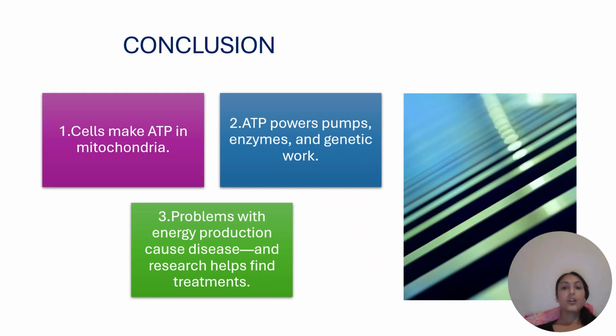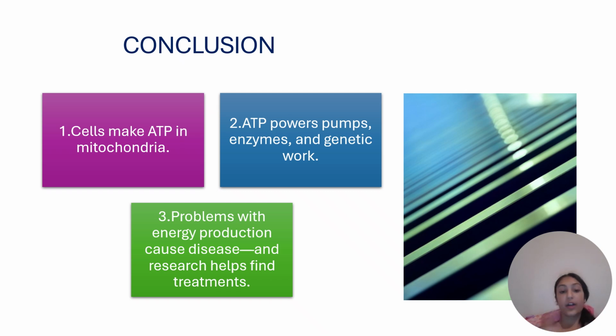So last one, we have a conclusion. Let's wrap it up. ATP is the main source of energy for cells. Cells make ATP in mitochondria. Energy powers everything: pumps, enzymes, genetic work.